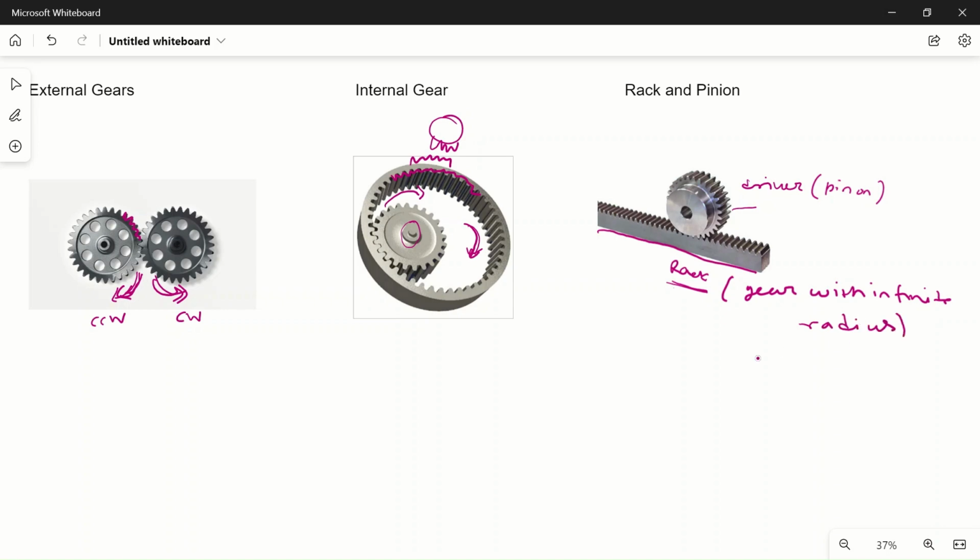Why? As you know, a straight line is a circle with infinite radius. So similarly, this rack is also a gear with infinite radius, and this is used to transfer circular or rotary motion into straight line motion. When this gear rotates in this direction, then this gear will move in this direction.